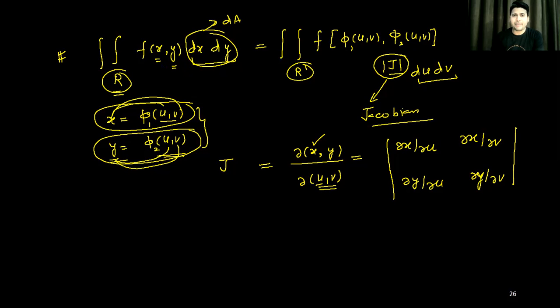So once more, I'm replacing: the double integral over R of f of xy dx dy will be replaced by what? The integral over R dash of f, with x and y replaced by the substitution that we did, into the Jacobian into du dv. This concept is known as change of variable, students, in multiple integrals.